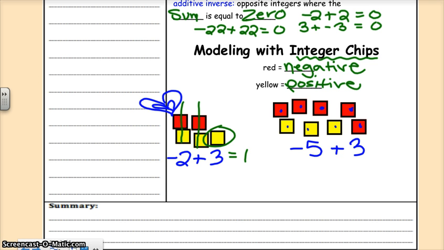If I want to go generic, I cross out the additive inverses. I am left with 2 negatives, so the sum of that is negative 2. You can always model an integer addition with integer chips, always. So if you ever feel stuck on one, you can definitely draw it out. Next page.